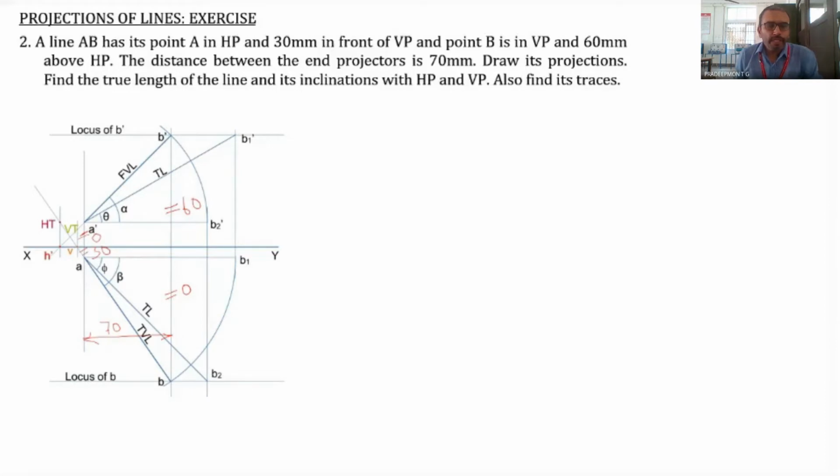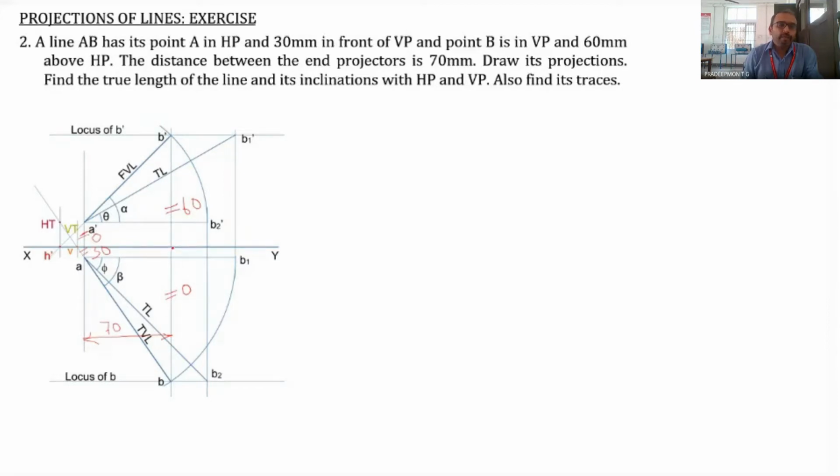Now we can start the drawing by locating A dash as well as A, and then draw the second projector 70 millimeter away from the projector of A, and on that one you can mark 60 millimeter and 0, that is, B is on the XY line.